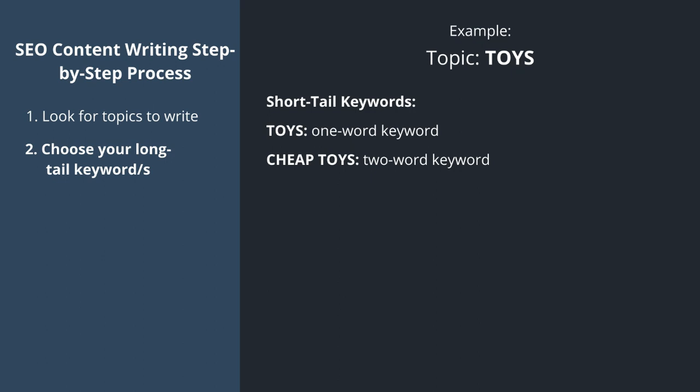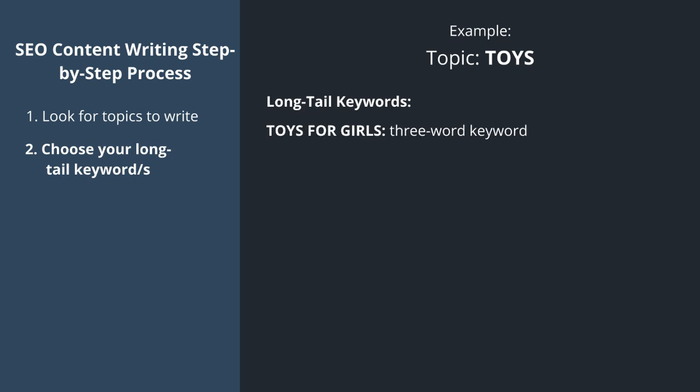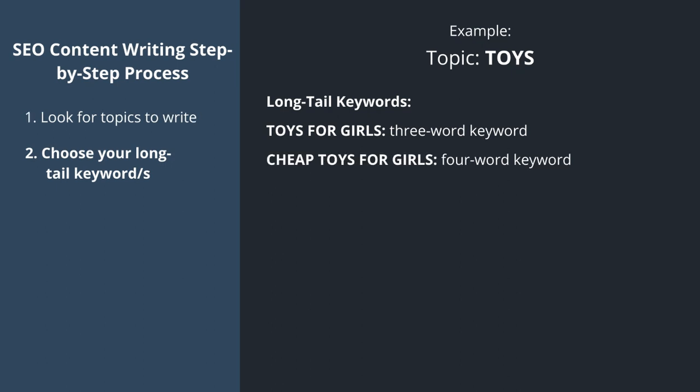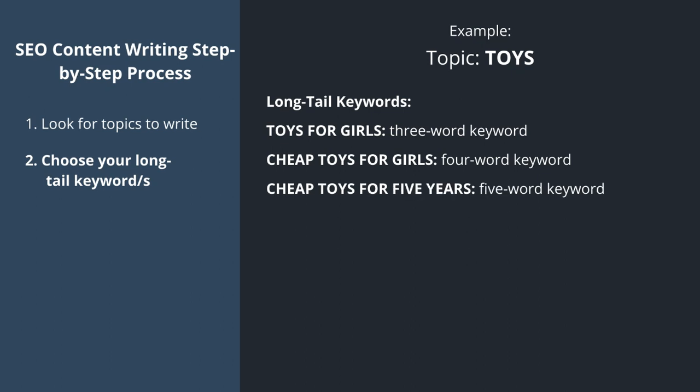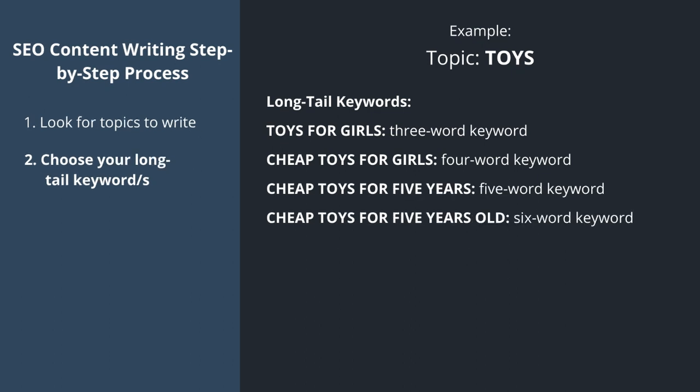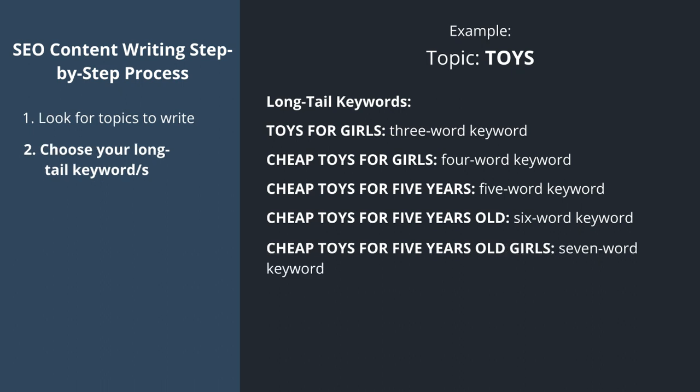And for our long tail keywords, we can have toys for girls for a 3-word keyword, cheap toys for girls for a 4-word keyword, cheap toys for 5 years for a 5-word keyword, cheap toys for 5 years old for a 6-word keyword, cheap toys for 5-year-old girls for a 7-word keyword, and so on.